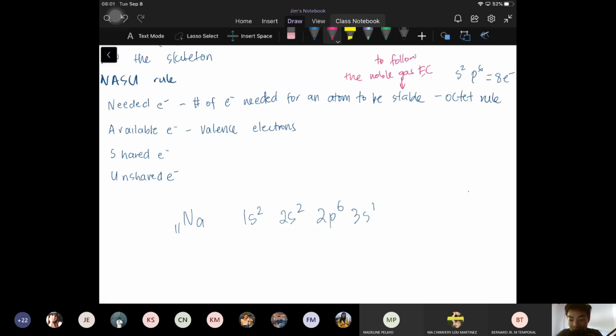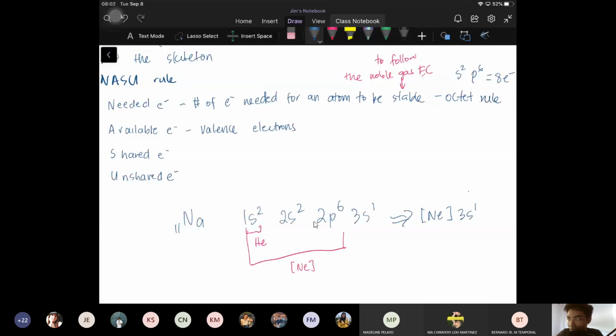For example, 1s2, that corresponds to helium. 1s2, 2s2, 2p6, that corresponds to neon. Kaya makikita nyo sa periodic table, we can rewrite this as neon 3s1. Meaning lang nun, etong electrons na to, itong nasa 1s2, 2s2, 2p6, they are the inner electrons, no?